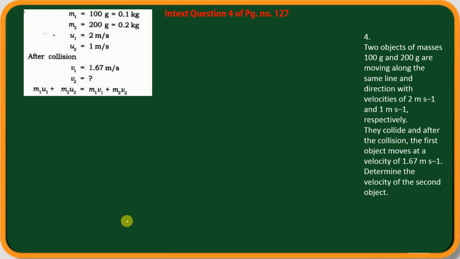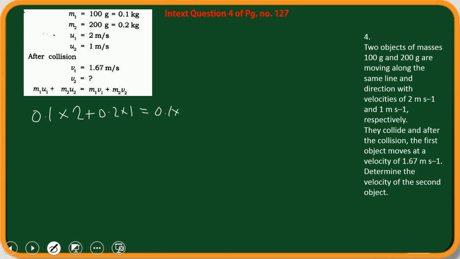Now by substituting here, what is M1? In the place of M1 we will put 0.1 kg into U1, which is 2, correct, plus M2, which is 0.2, into 1, correct, is equal to M1, 0.1, into the value of V1.